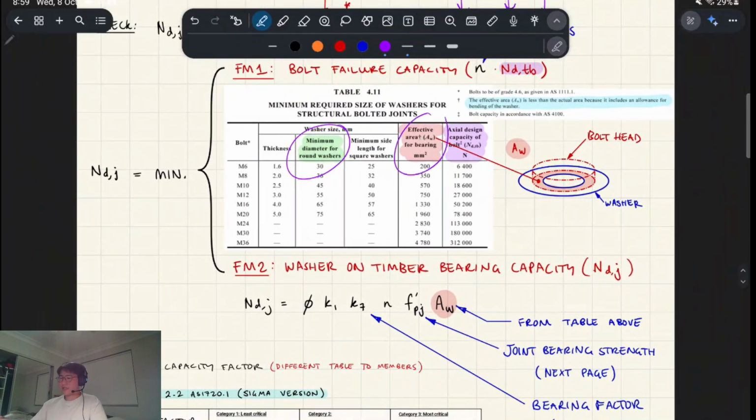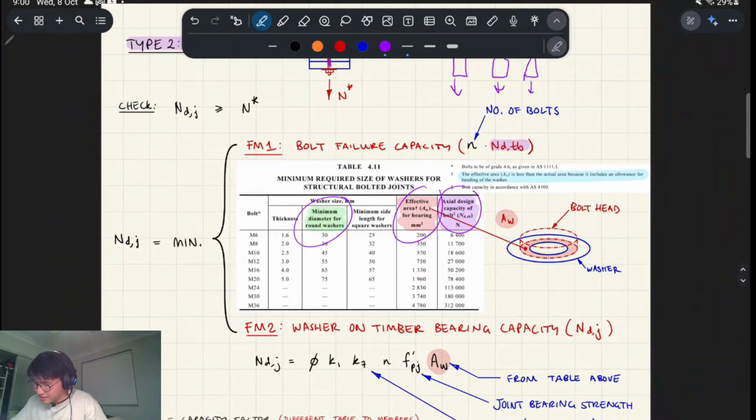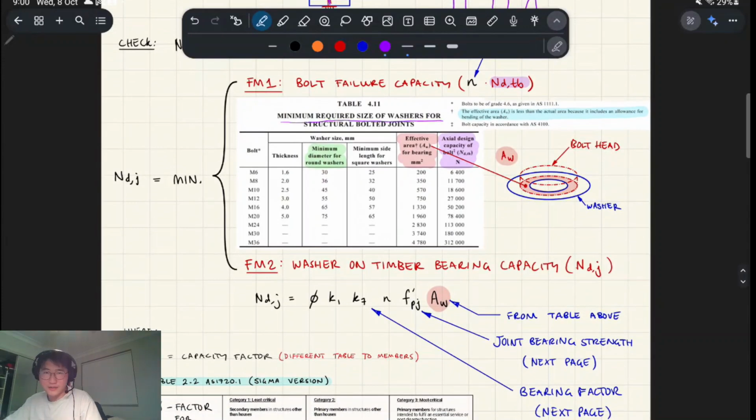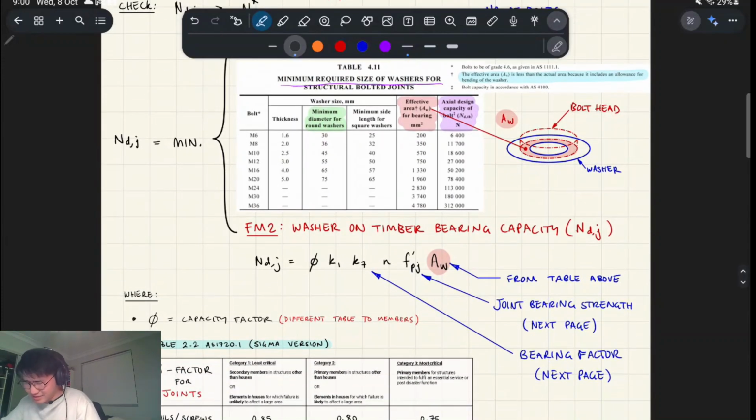The green and the red are all outputs from this table. All you need to know is what bolt size you have, and it tells you what the capacity of the bolt is, what the effective area in bearing is, and what minimum diameter you need for your washers. It's a very handy table. Sorry, it's a minimum required size, but these are the numbers that you use in the questions, unless specified otherwise.